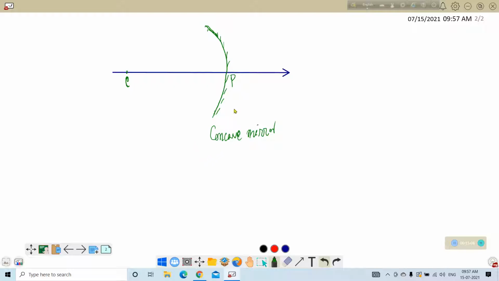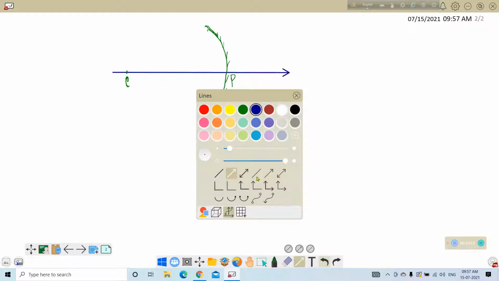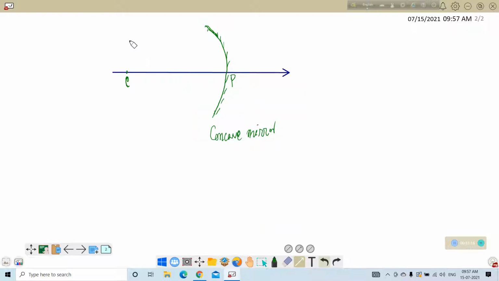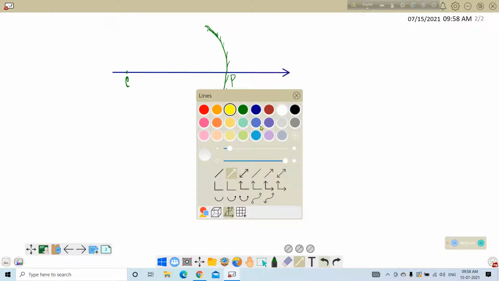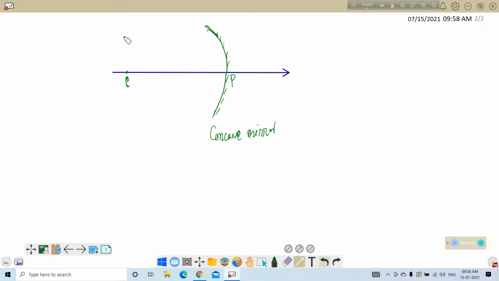Now, any light that is incident on the mirror. You know, previously we have discussed this is the object space. Objects should be placed here. Any light that comes from the object space like this, this is the light incident on the mirror which is parallel to the principal axis.